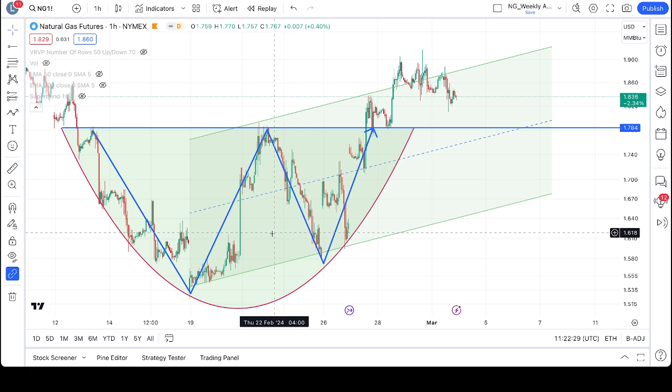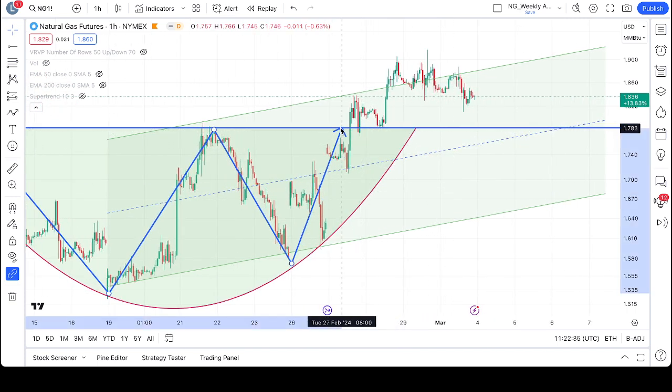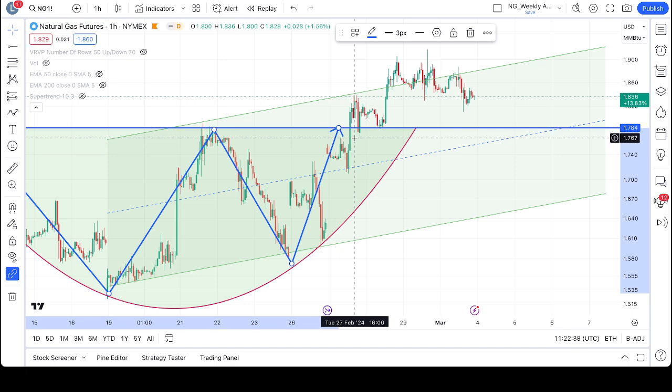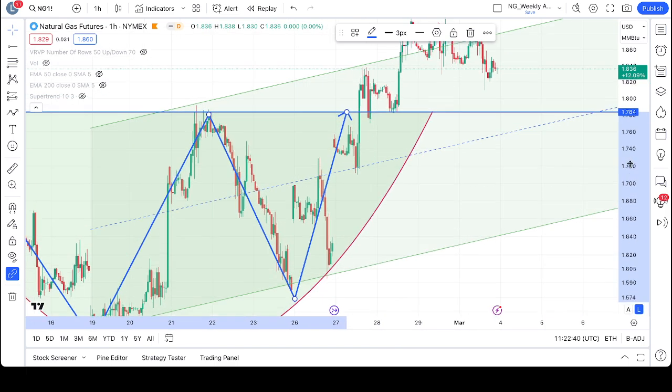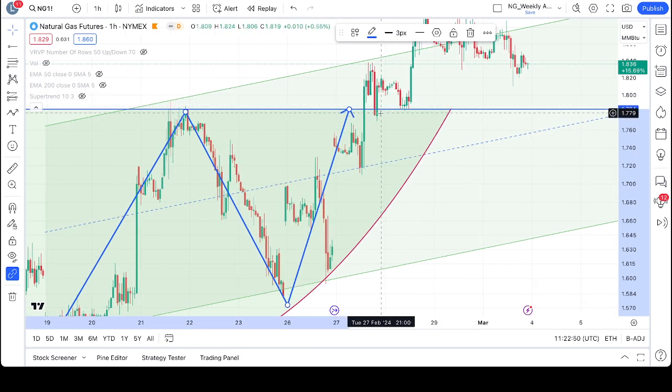So this is clearly a double bottom. We have broken out here. Let me move this arc a little aside. Look at the strength of this green candle, it's a clear breakout candle. The markets tried to push it back with the red candle, but the next candle again supported the breakout.